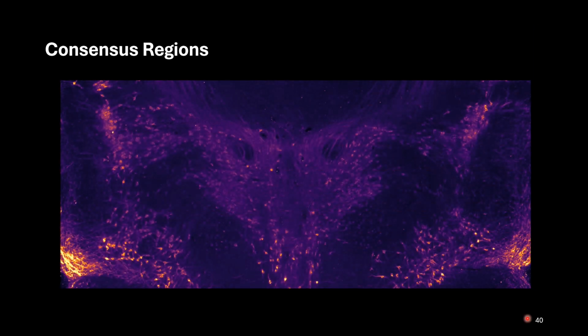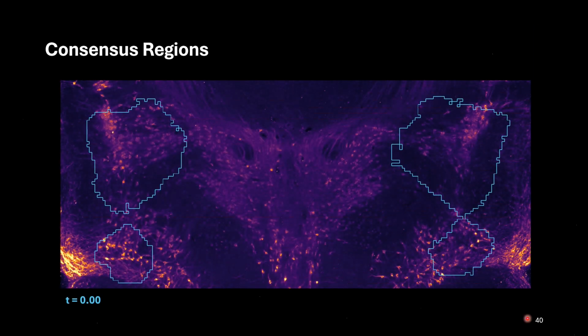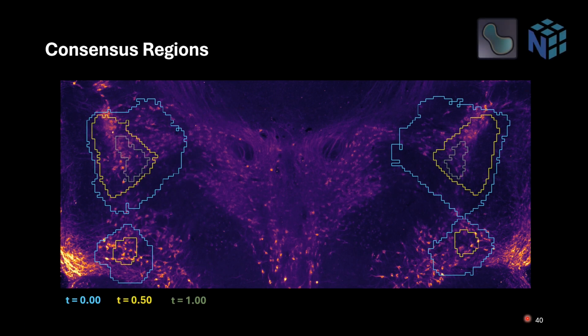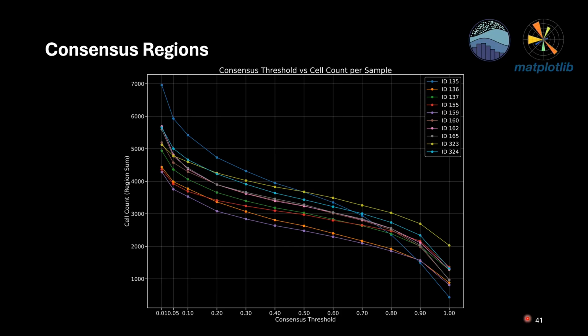And just to show you what that looks like here, at a threshold of, say, 0, this is essentially a combination of all the masks, all the different registration parameters, and then, say, t equals 0.5 or t equals 1. Essentially, this gave us not just one number, but a range of plausible neuron counts.